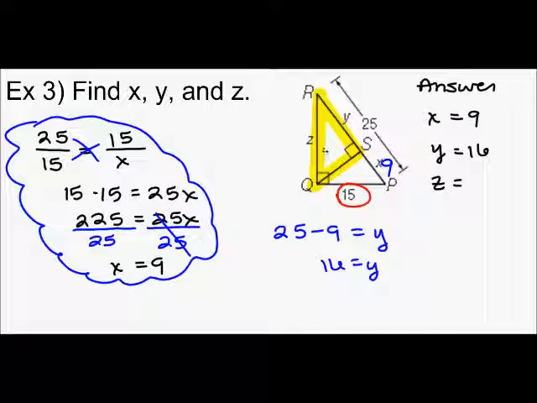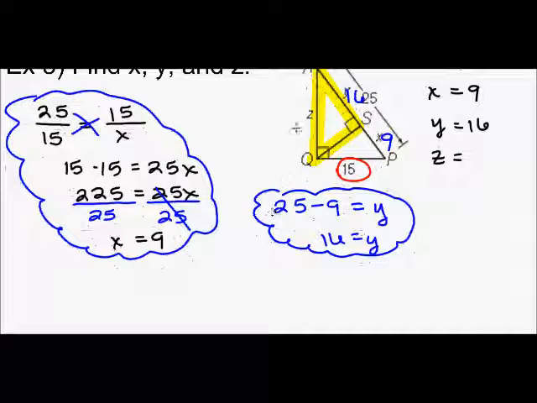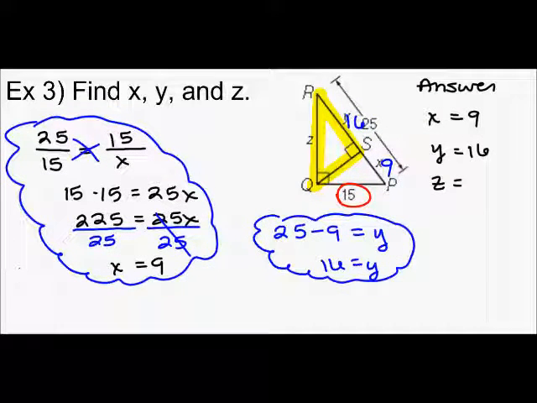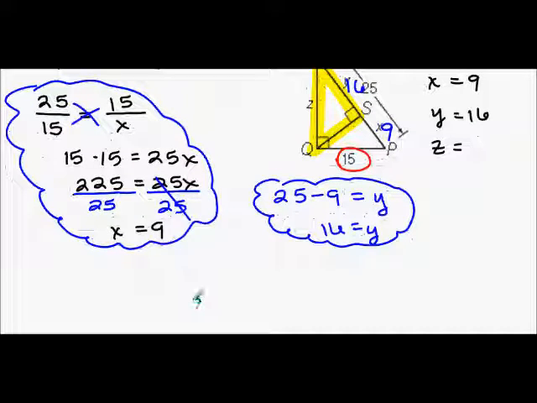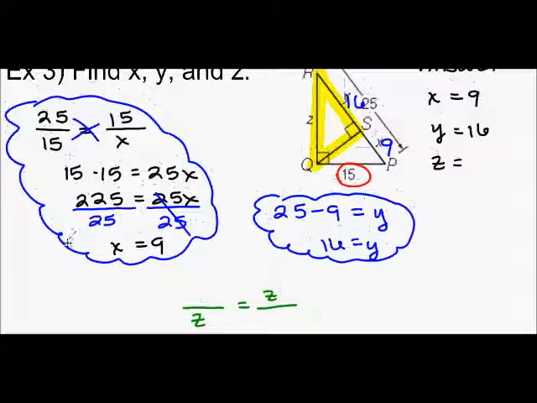Okay, and now z, we're going to have to use geometric means again to find z. Do this one in green. Okay, so I know that z is going to be my geometric mean because that's the leg that my small triangle shares with my big triangle. So since it's shared, that's the repeater. Okay, and on the small triangle, the portion of the hypotenuse is 16.